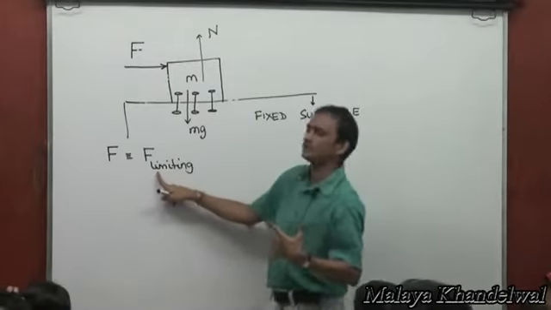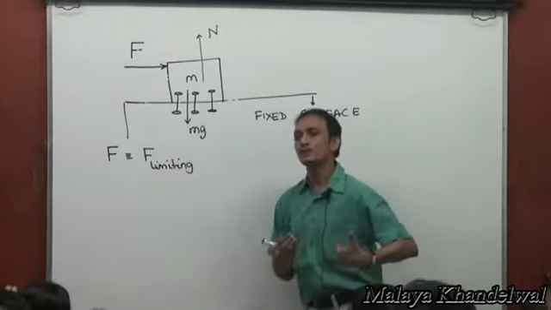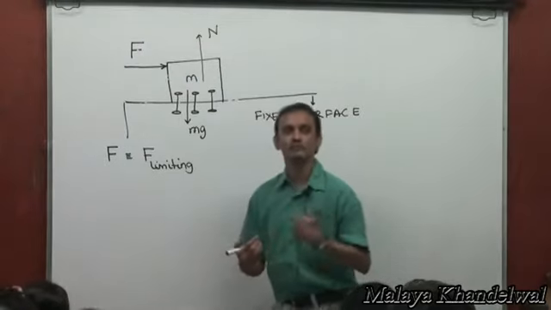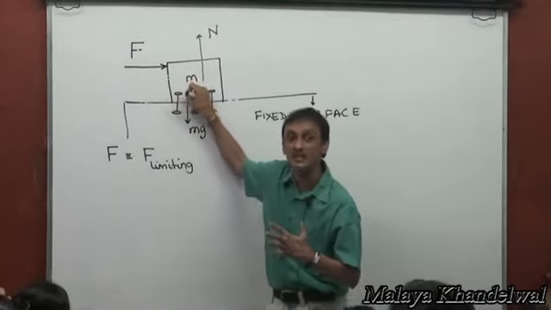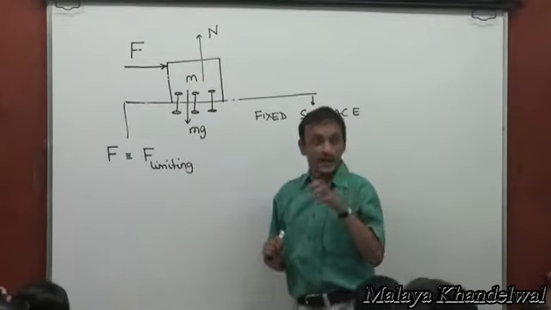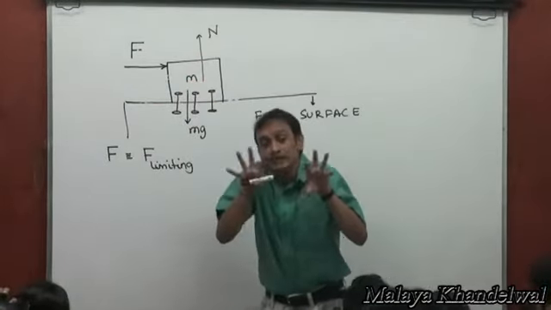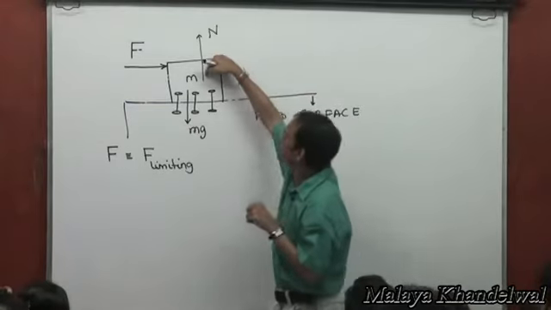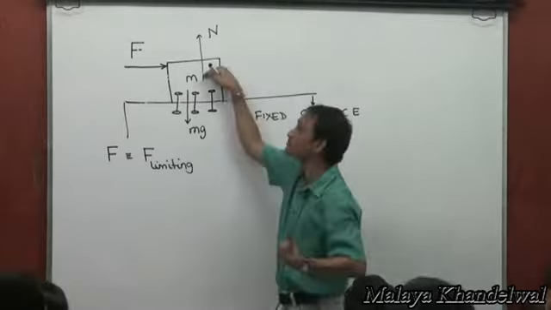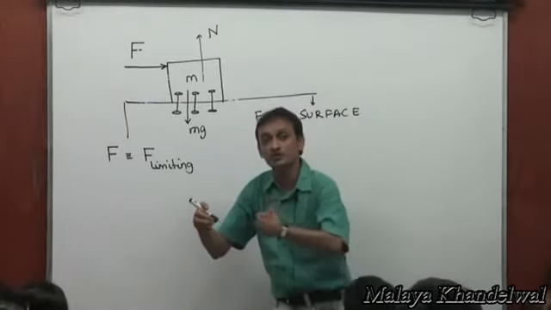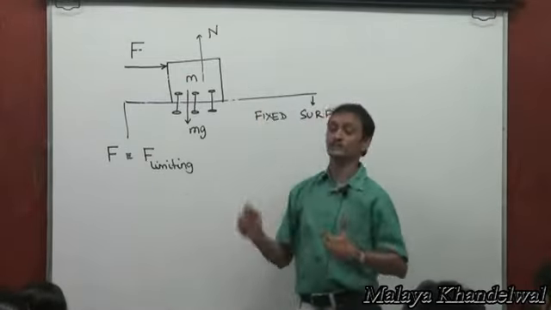Beyond this value of the limiting force, the pins will give in. These pins will start breaking up. And when they are on the verge of breaking up, then the small m is on the verge of sliding on the surface. And this small m is practically on the verge of sliding over the surface.